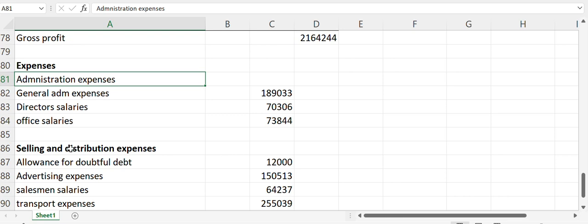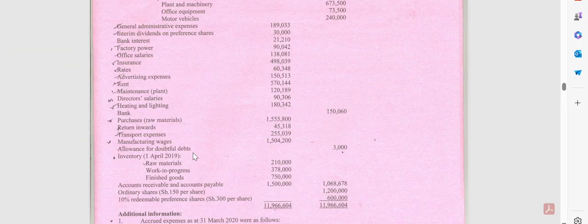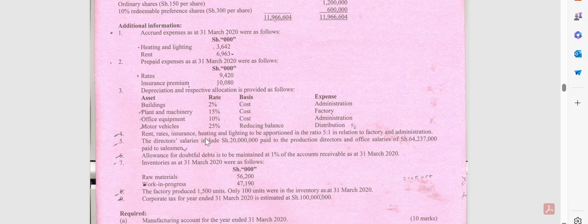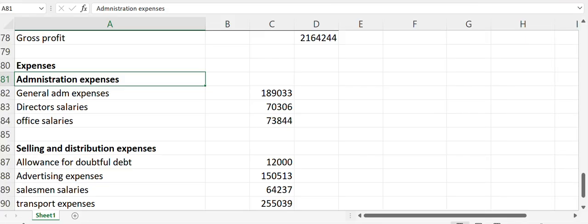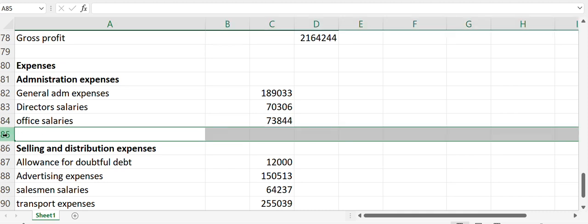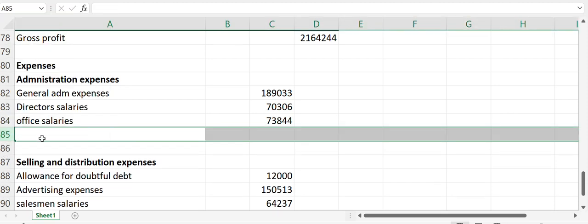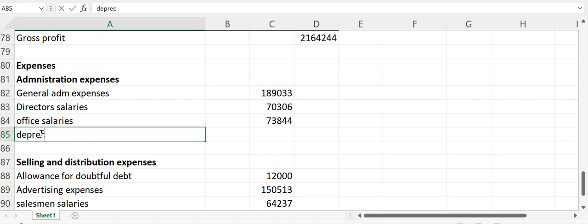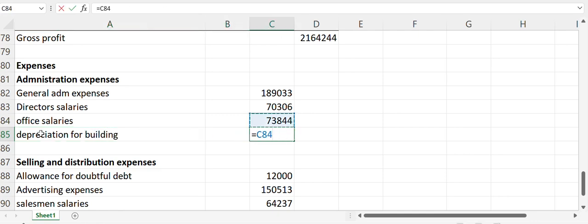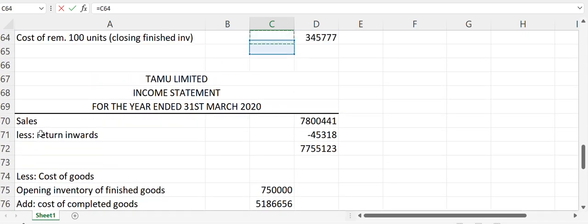For example, if you go to the additional information, you are told that buildings are supposed to go to admin. So we come back here, depreciation for building. Let us check it somewhere. We had recorded it somewhere.